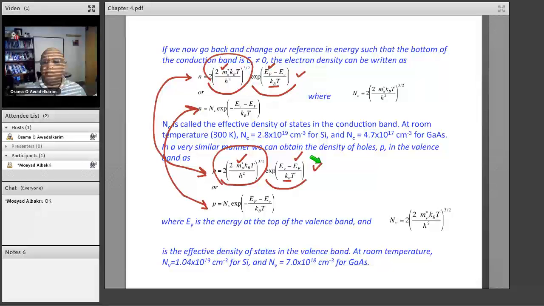Or if we use this form, then we have NC and NV appearing on both sides of the equation, as well as the exponentials.